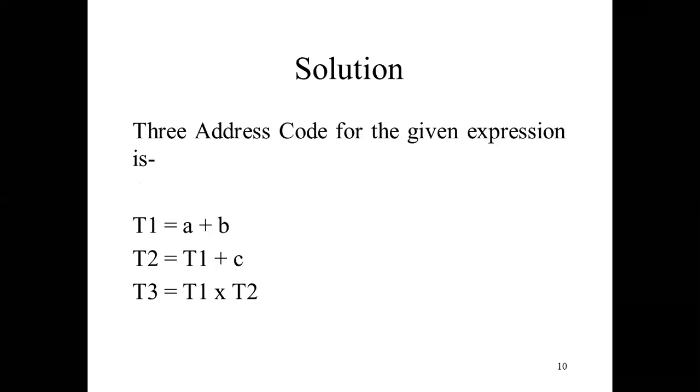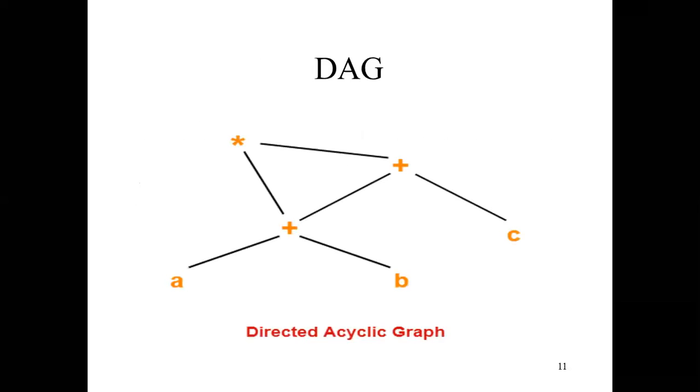Now how will you draw this directed acyclic graph? Just concentrate and think over this. This is the plus sign, as per the protocols of the directed acyclic graph. Whenever we draw a directed acyclic graph, the interior nodes represent the operator symbol.